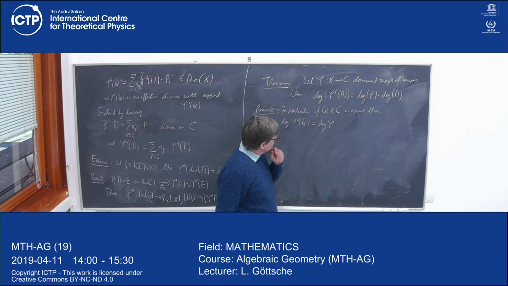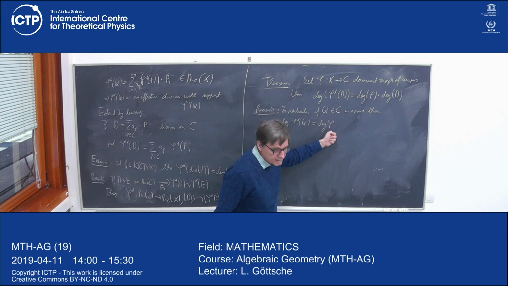And if our field has characteristic 0, one can actually show, but we don't, that for such a dominant morphism, for a general point Q in C, these multiplicities will all be 1. So in that case, it would follow that for a general point Q in C, the number of points in the inverse image of Q is precisely the degree of phi.